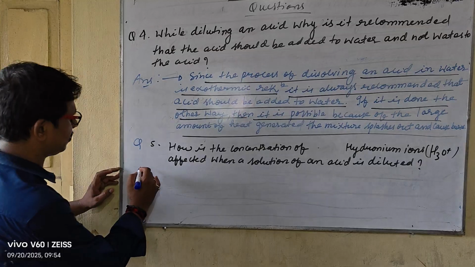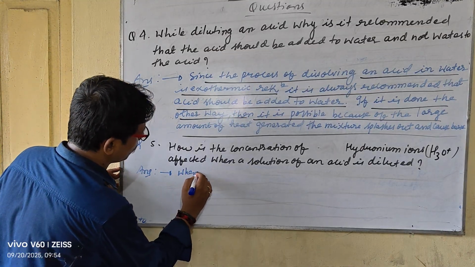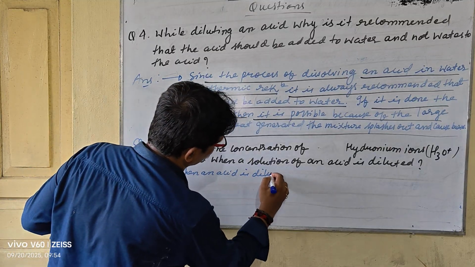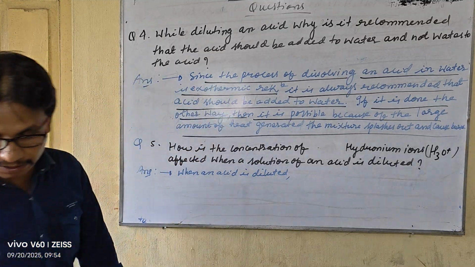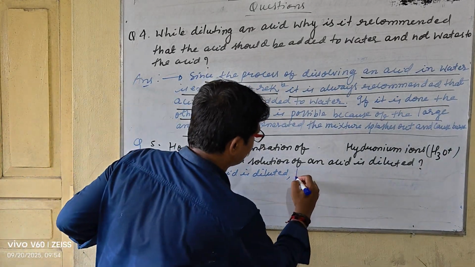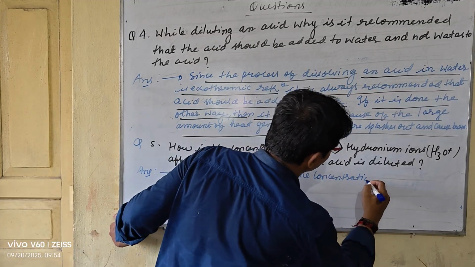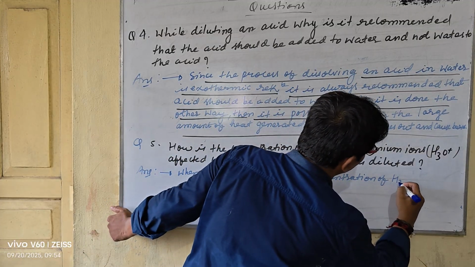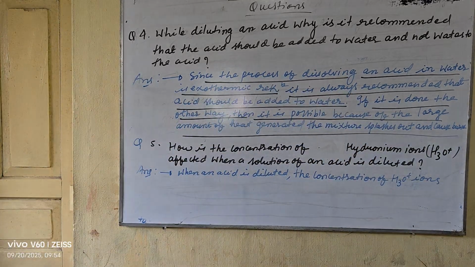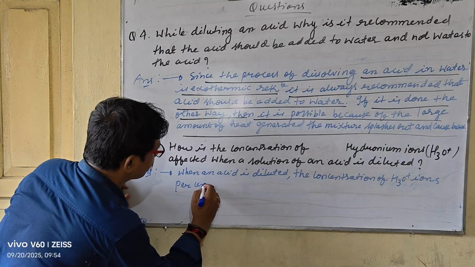If you dilute the acid, the concentration of H3O plus ions, hydronium ions, per unit volume decreases.